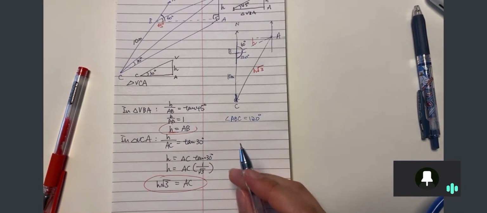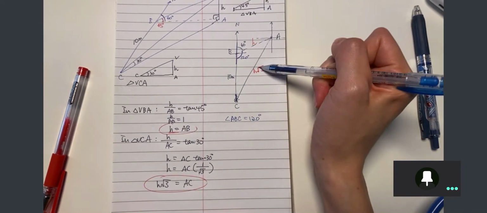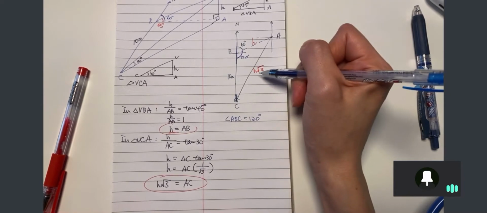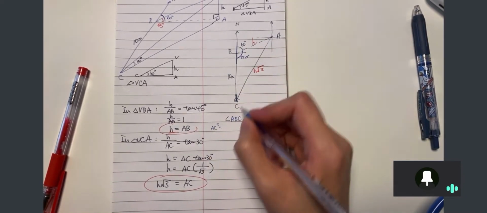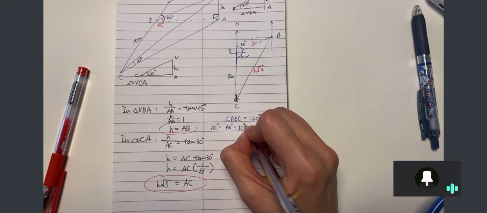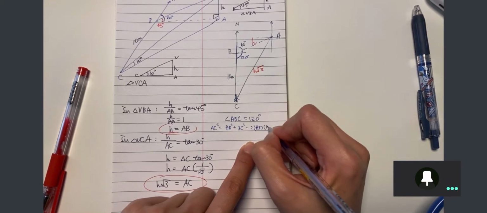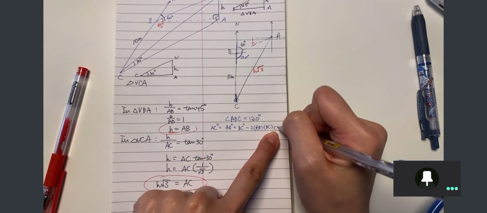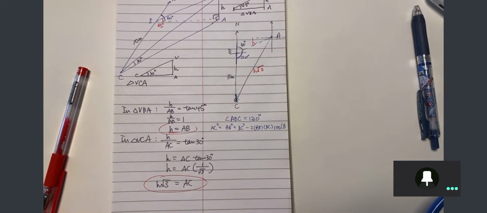And then by cosine law, information all here, right? So AC squared will be equal to AB squared plus BC squared minus 2 AB times BC cosine angle B. Remember?